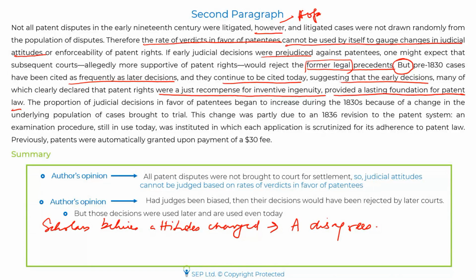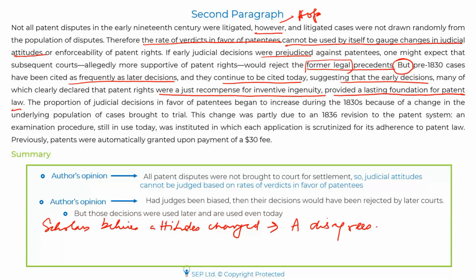That in the previous paragraph, we had the scholars believing that attitudes changed in the 1830s. The last sentence of the first paragraph is saying that the number of failures decreased in 1830. Yes.